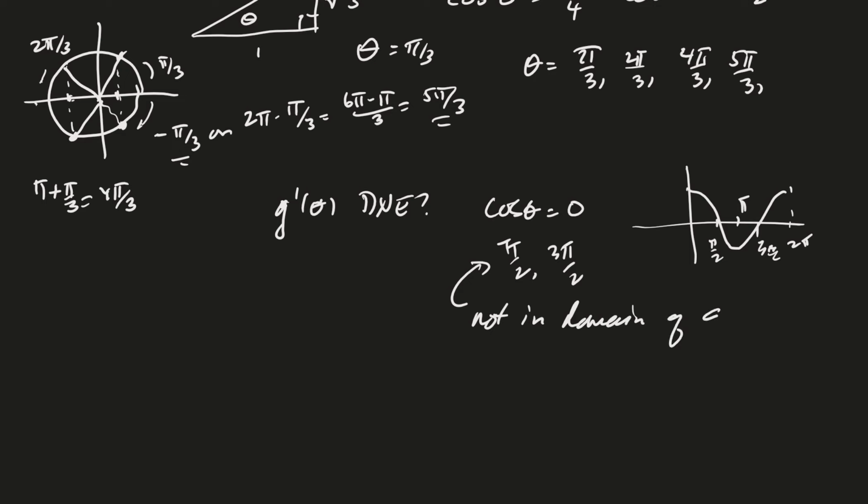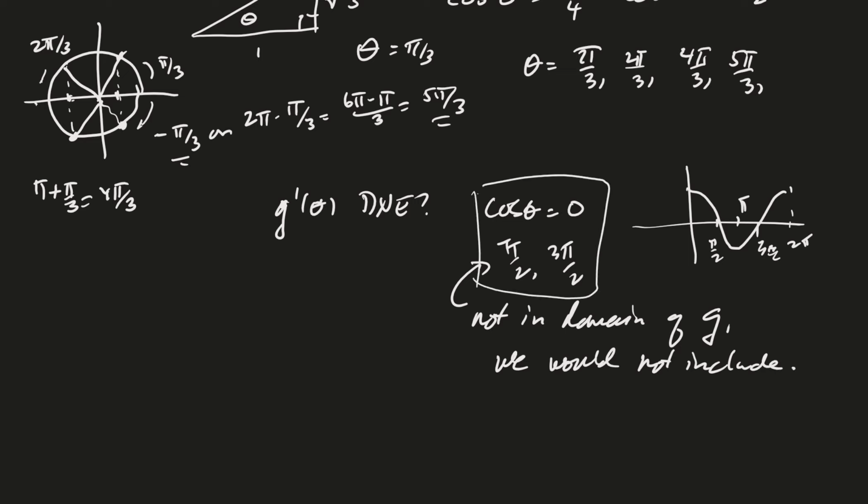Not in the domain of g. And so we typically would not include them. Although I should say it's always good to make a note that these are trouble points. It's just that because they're not in the domain of the original function, we wouldn't include them. Very good. Okay, let's try a couple more questions here.